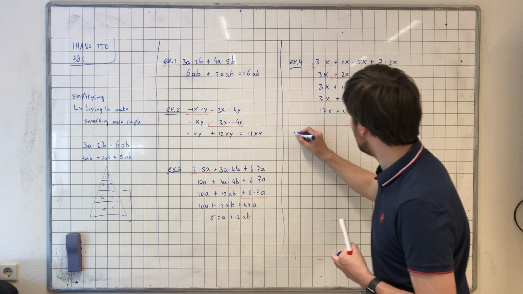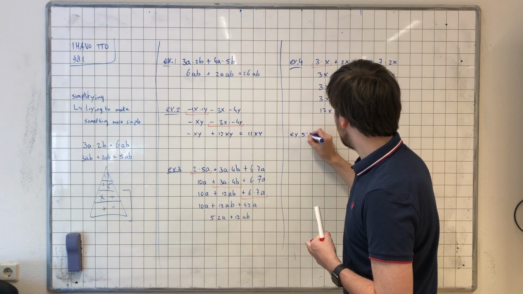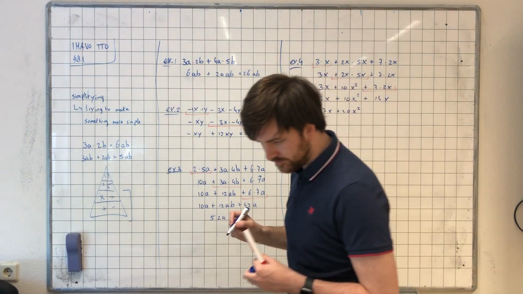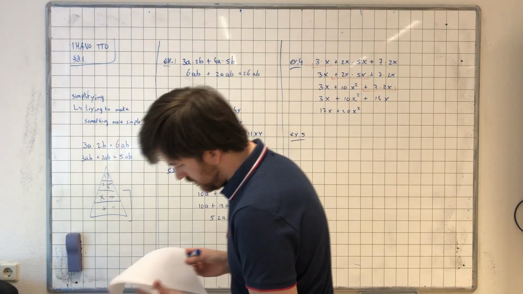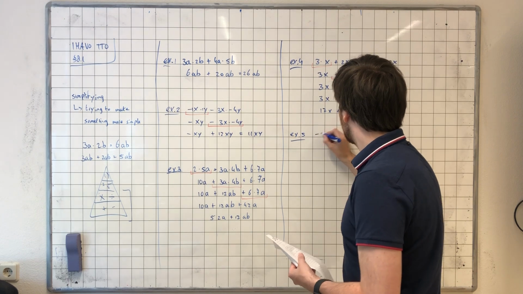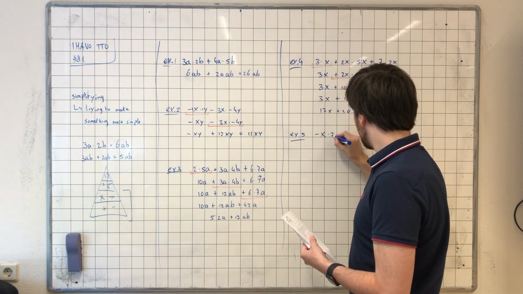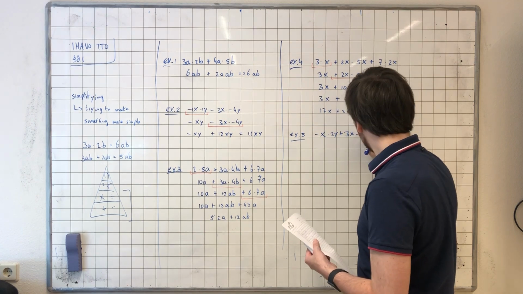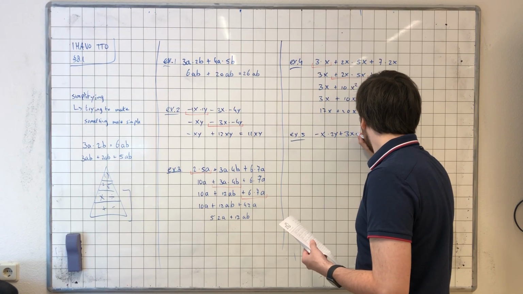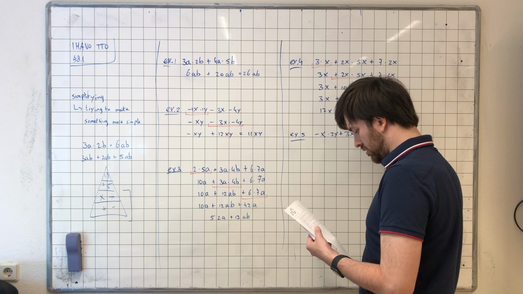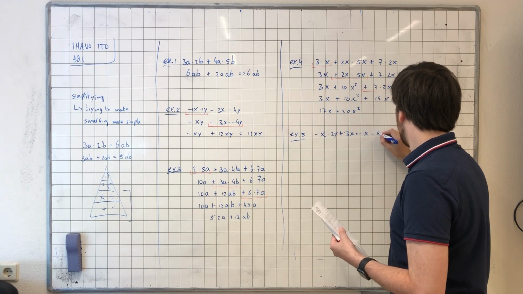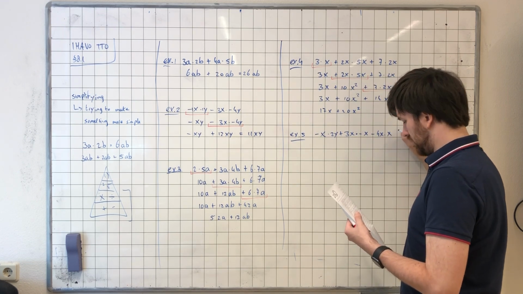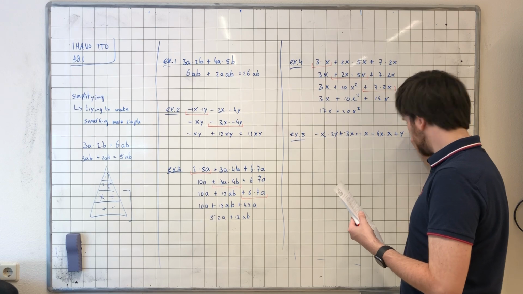That's example 4. Last but not least, example 5. Minus x times 2y plus 3x times minus x minus 4x times x plus y times minus 2x.